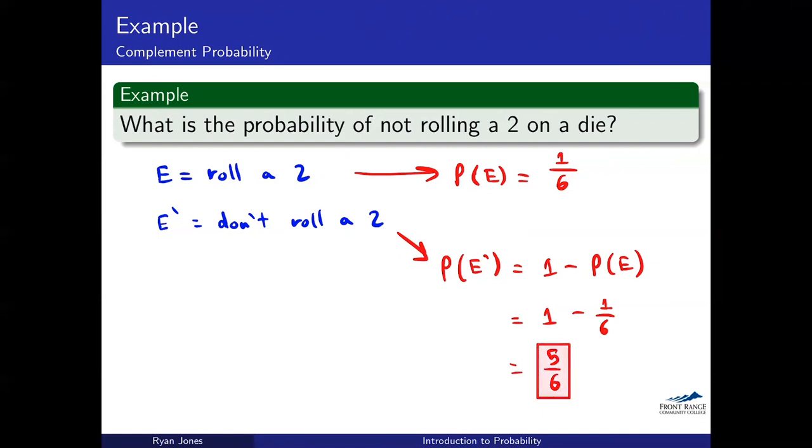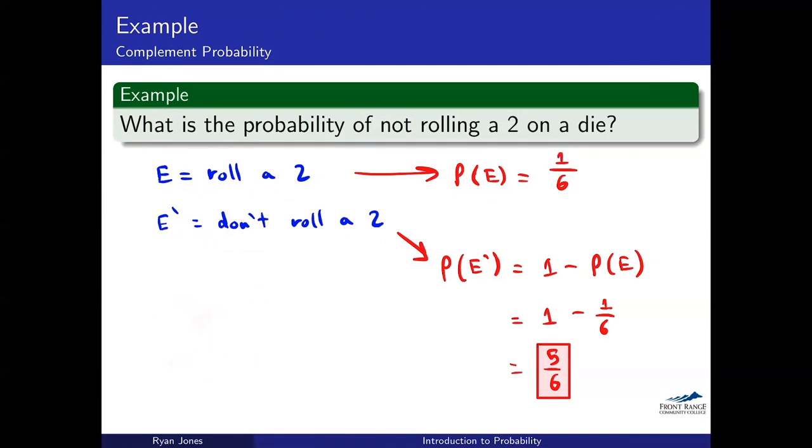And so this is a way that we can figure out certain probabilities of things not happening. Now you might just look at this and say, well, why couldn't I have just ignored all of this with rolling a 2? Just said, what's the probability I don't roll a 2? Well, I can roll a 1, 3, 4, 5, or 6, which is 5 possible choices out of the 6.